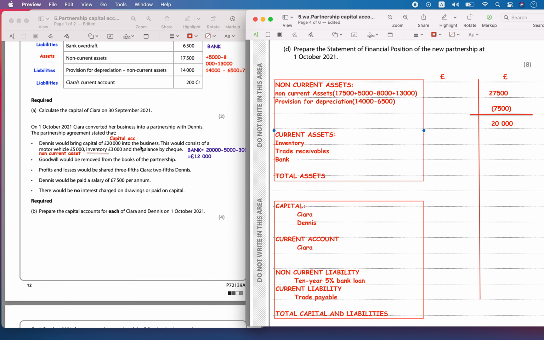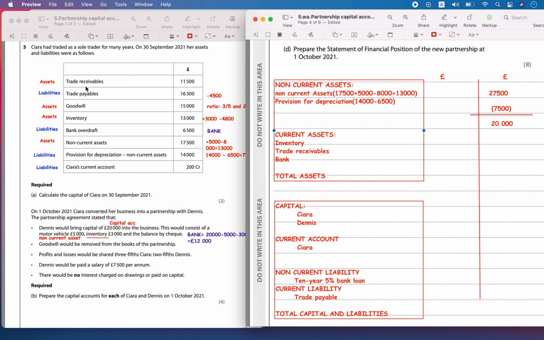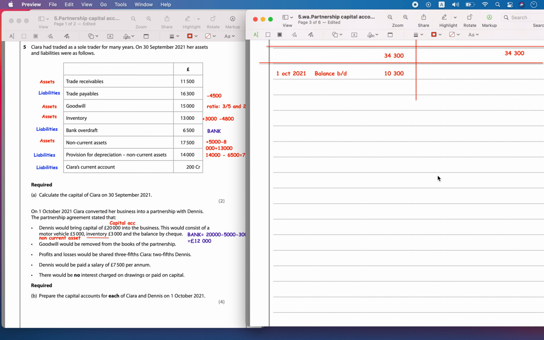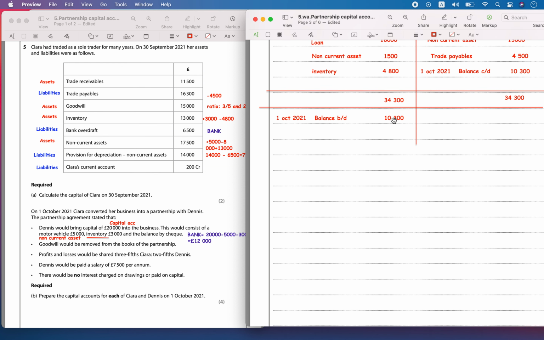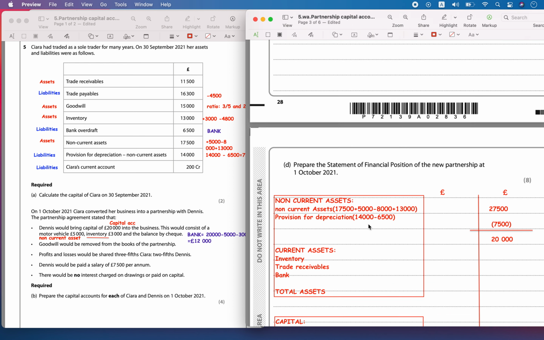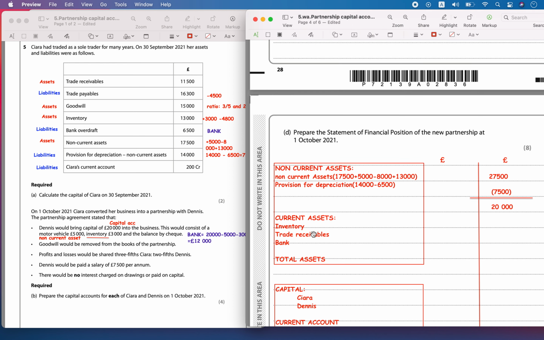The first ones are trade receivables and inventory, which we have to include. We have removed the goodwill, so we can't include that. And then the bank became positive, so it is going to turn into an asset. So let's include that.